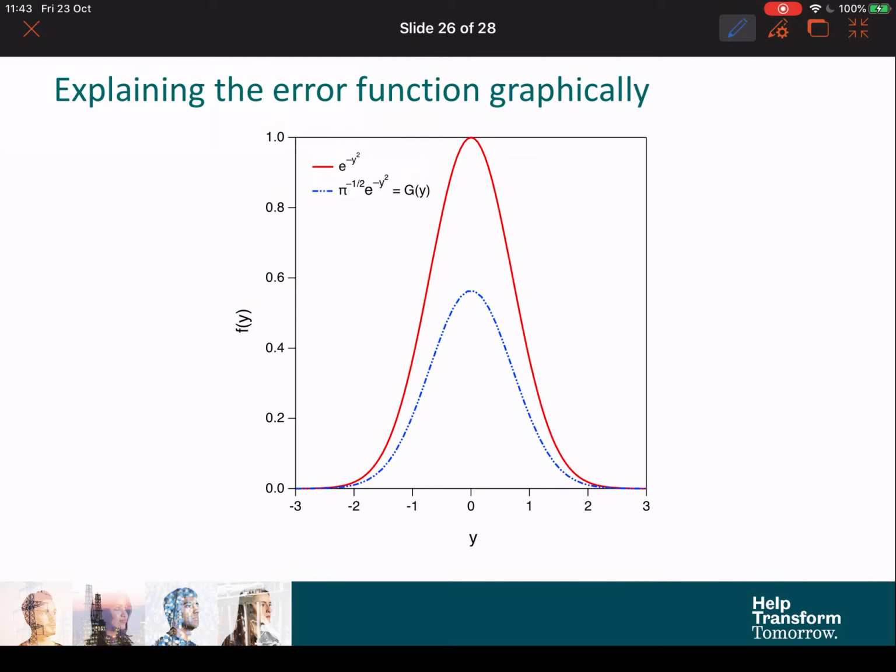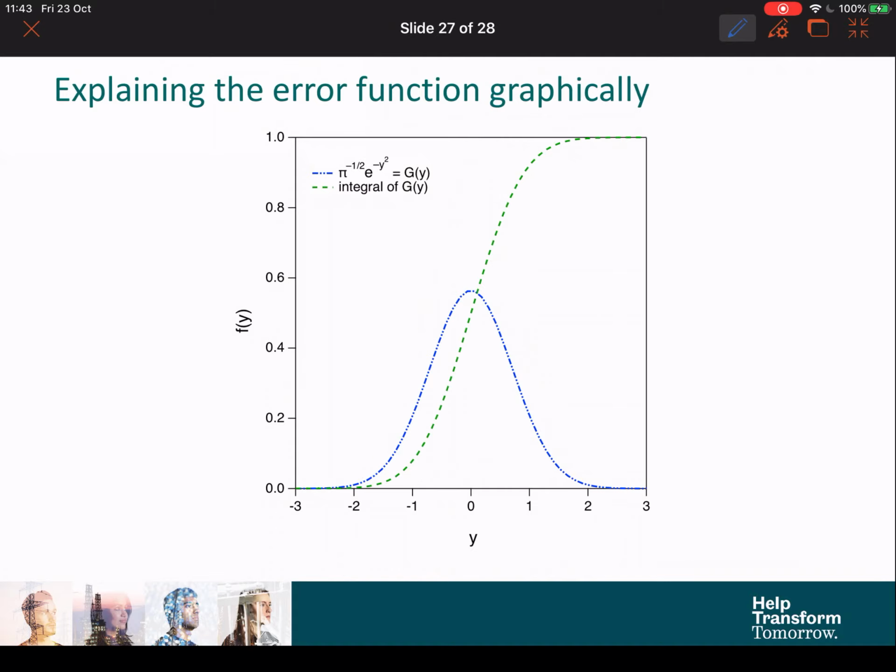And the reason, again, that we normalize it is so that the area under this curve is 1. So the area under here, if you integrate from negative infinity to infinity, which is numerically pretty much the same as negative 3 to 3, for this particular example, you'll get a value of 1. Okay, so that's our Gaussian.